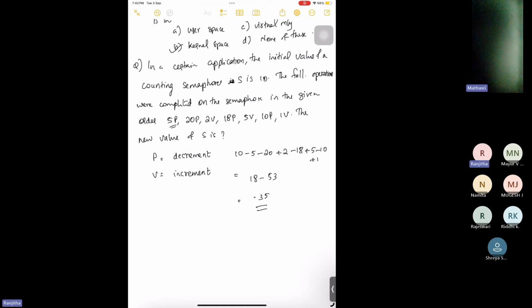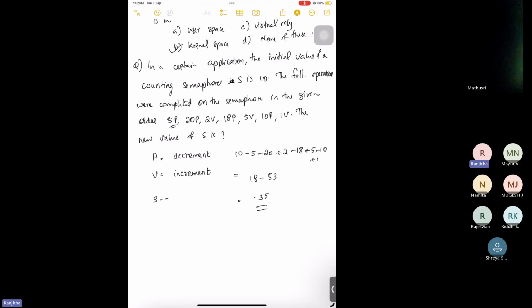Okay, so the final value is minus 35. What P does is S minus minus, and V does S plus plus.